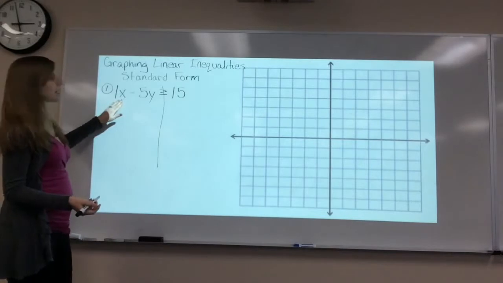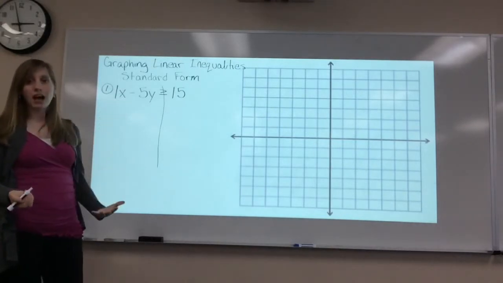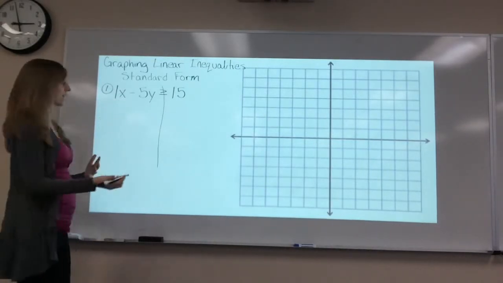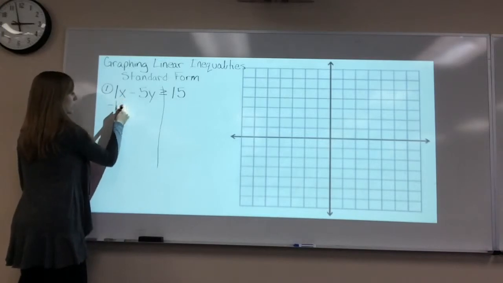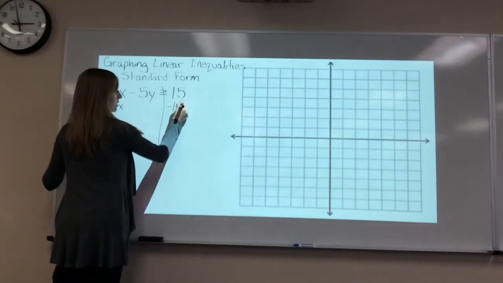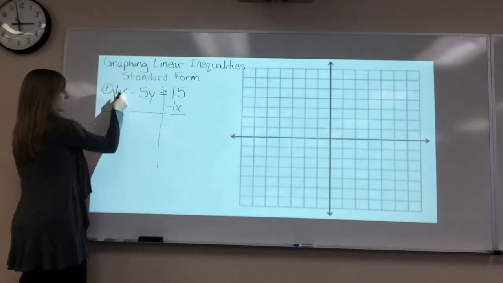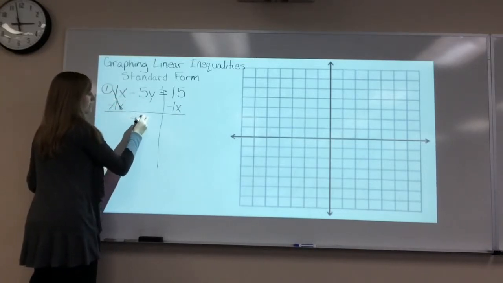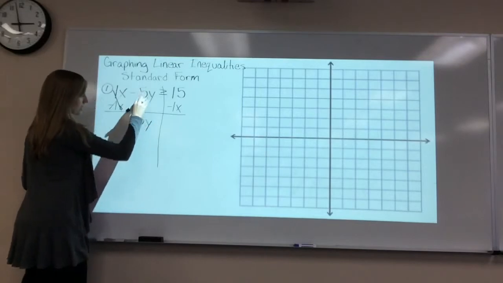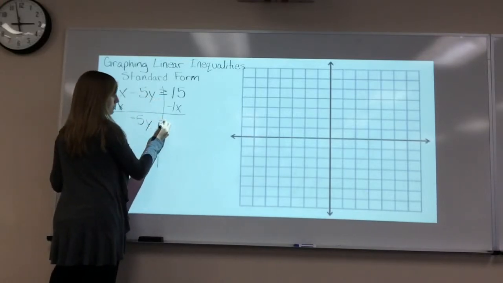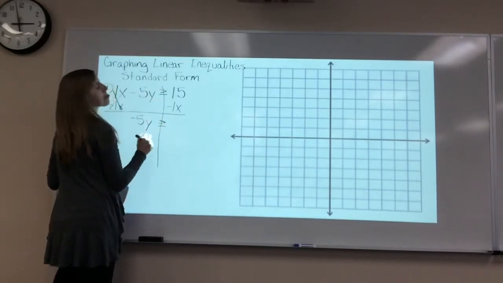So to cancel out a positive 1x, we must do the opposite, which is subtract 1x. So minus 1x or negative 1x on both sides. 1 minus 1 is 0, those cancel. The negative 5y comes straight down. My inequality comes down, greater than or equal to.